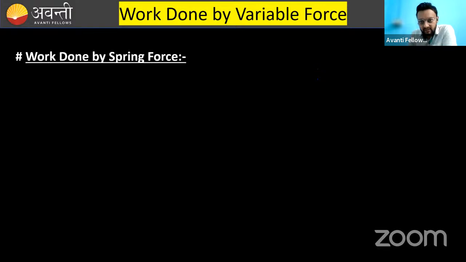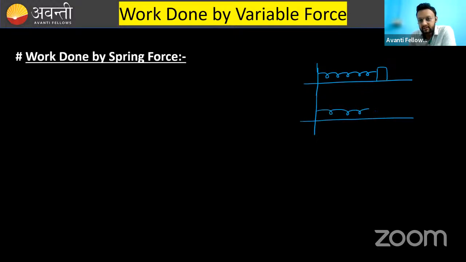For example, if I ask you, this is the spring, and this is its natural length. If I stretch it, I have stretched it to this point. Then what is the direction of spring force? Left or right? Can anyone answer?